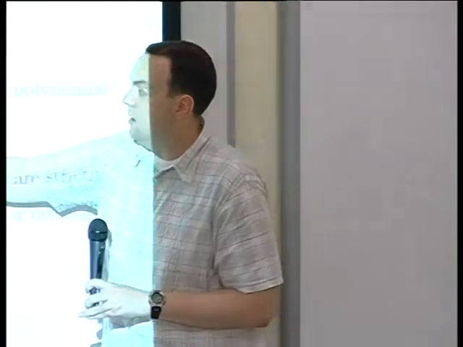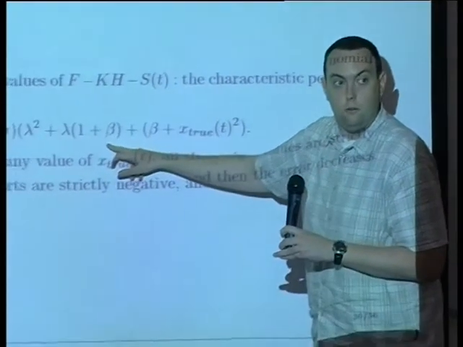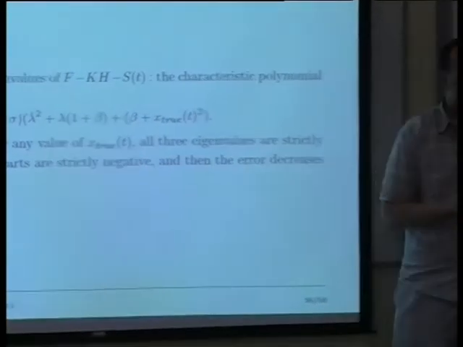So you have three strictly negative eigenvalues, whatever X true is, and then the error will decrease asymptotically in time. Okay, so you can check the sign of the eigenvalues because the sum of the two eigenvalues is -1 minus beta, and the product is beta plus X true square.